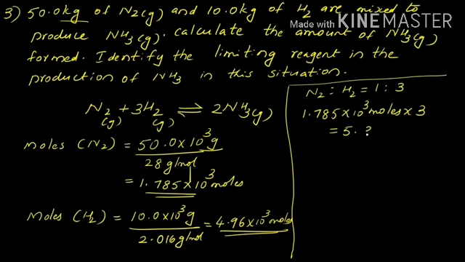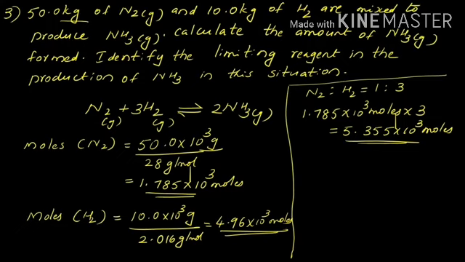It is 5.355 × 10^3 moles. This is the number of moles of hydrogen that is supposed to be there when we have the ratio 1:3.